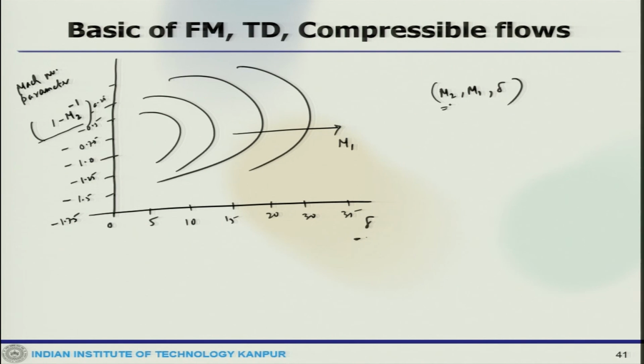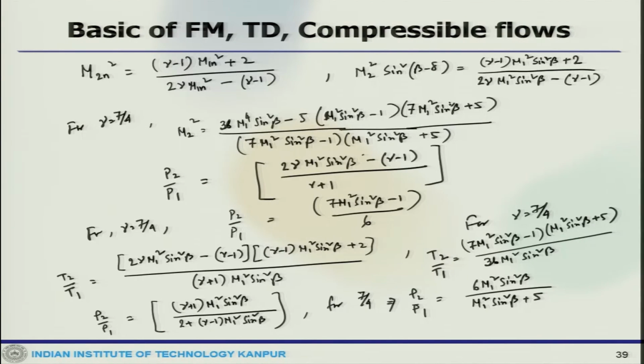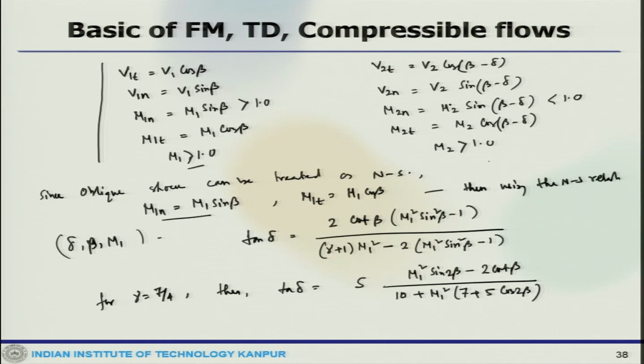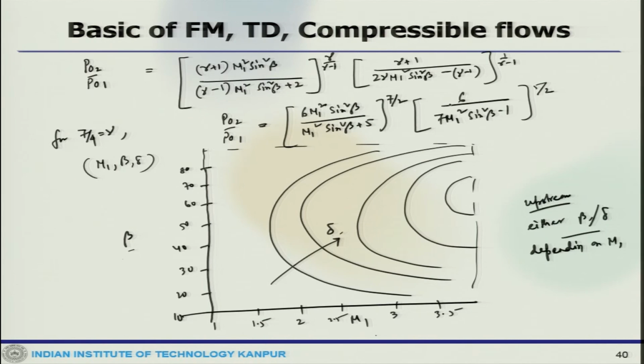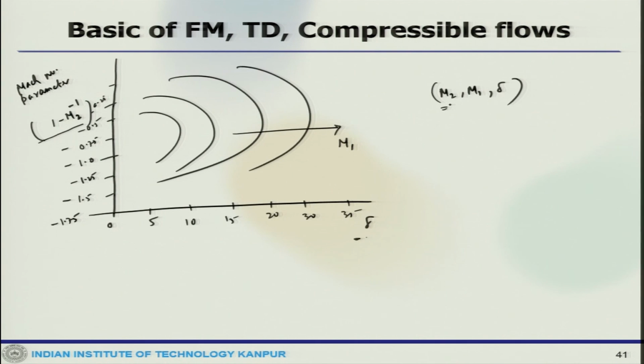One does not necessarily have to memorize those complicated equations. This is not expected. There are handbooks or tables available for oblique shock relations, or these kinds of plots or graphs which are very handy for designers to find out upstream and downstream properties.